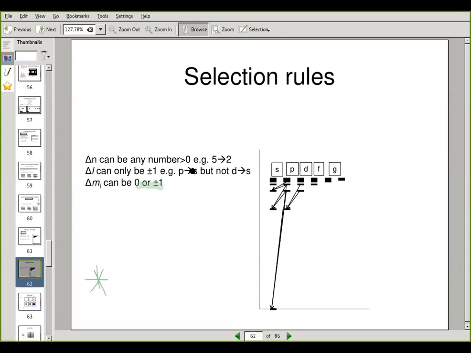With the emission spectra, you can jump from any energy level down to any other energy level, but your angular momentum number must change by 1. So you can't drop from an S to an S in these selection rules.